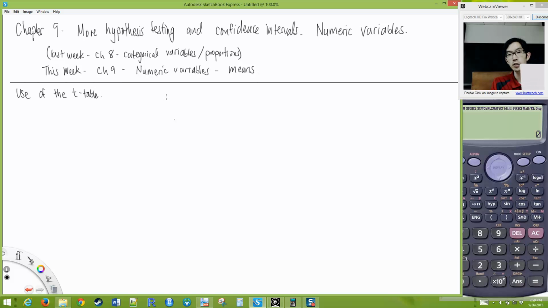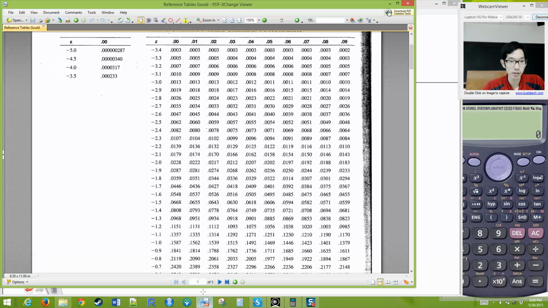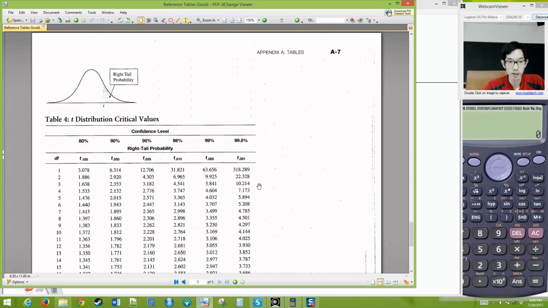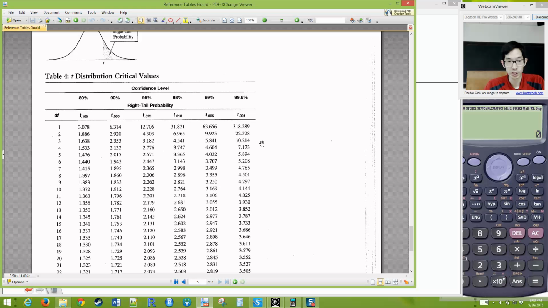So pull that out, and we'll go through it. If it says Table 4, T distribution critical values, that is the t-table. Okay. So it should look like this. This is your t-table.